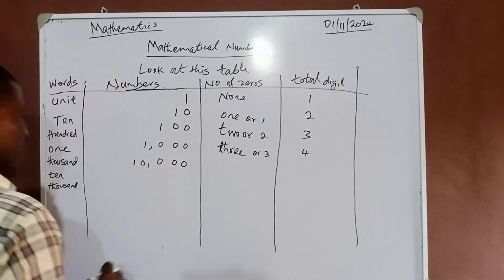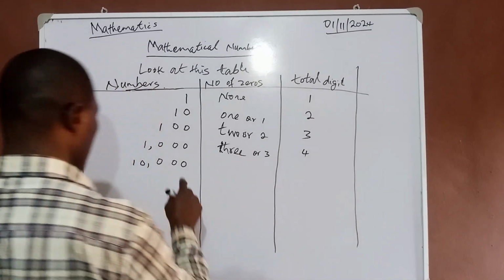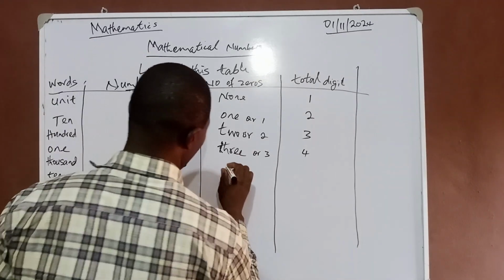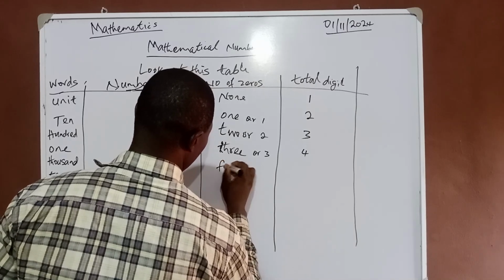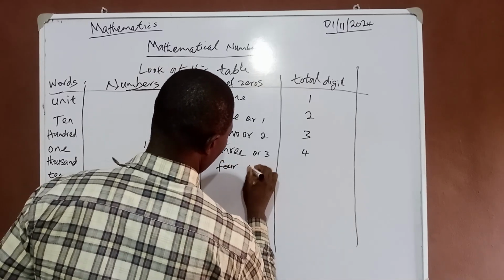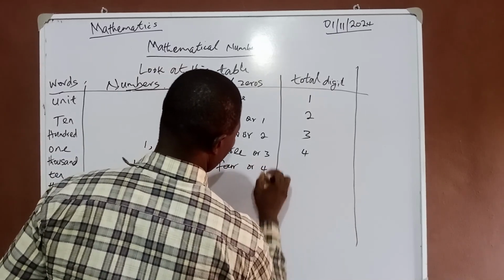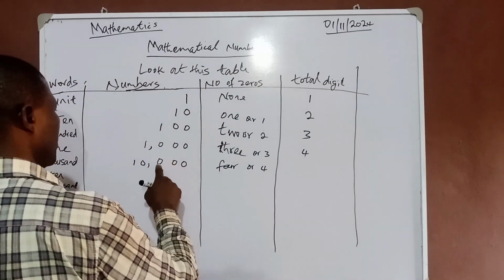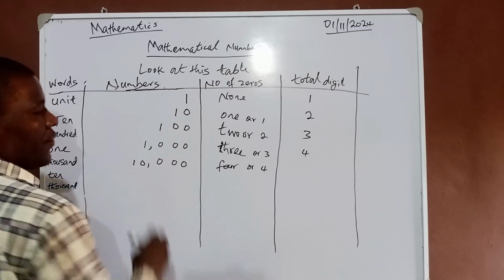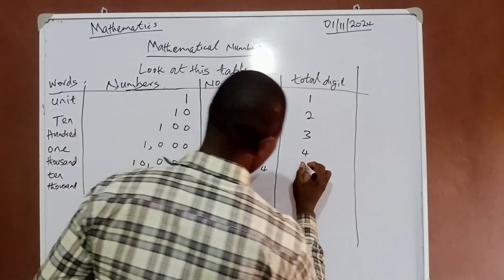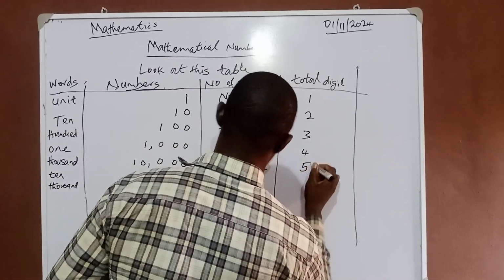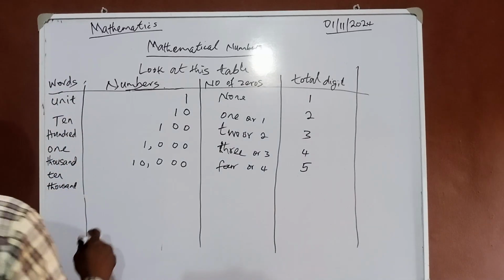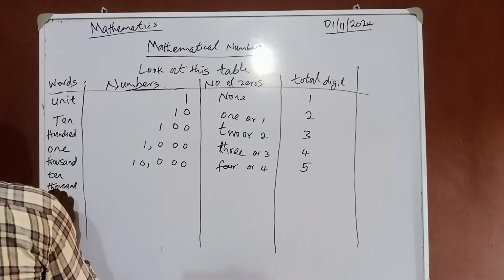This is 10,000. So how many zeros do you have here? 1, 2, 3, 4. You have 4 zeros. How many digits do you have here? 1, 2, 3, 4, 5. 5 digits. Write it here. As you move ahead in momentum, the next one you have is 100,000.